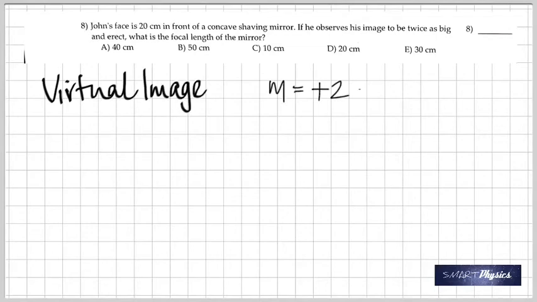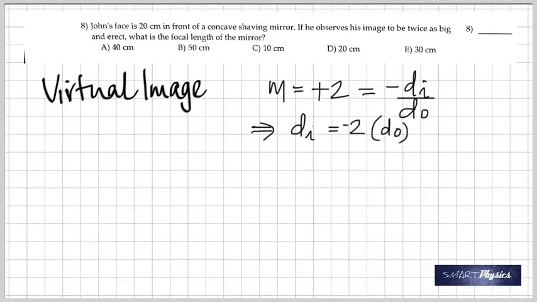That's very important. And for a virtual image, magnification is positive. Therefore, it's +2 is equal to -di by do, which gives you di in terms of do as -40 centimeters.